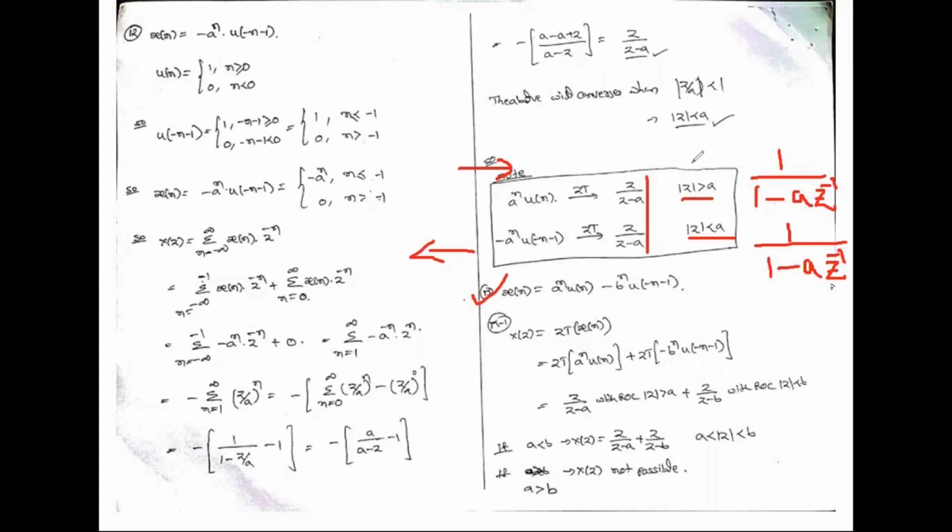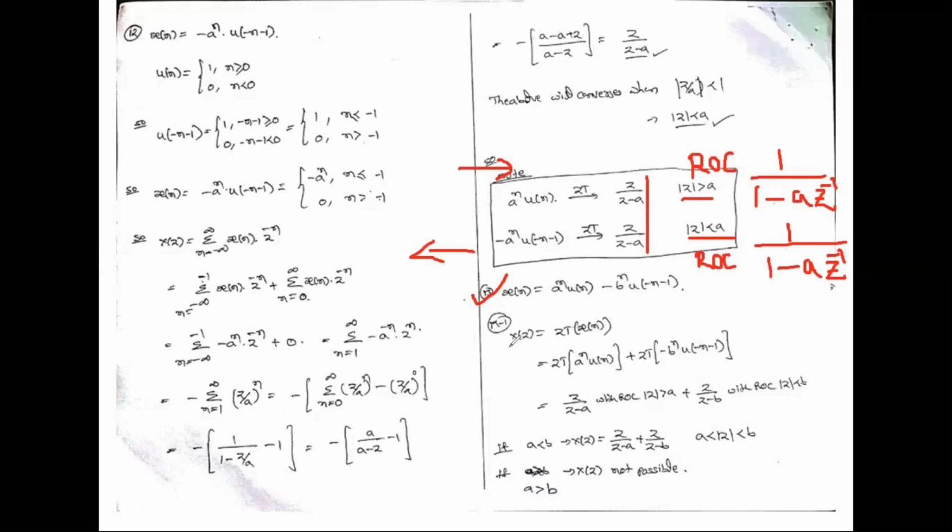What is the ROC? The ROC for a^n u[n] is |z| greater than a, and for minus b^n u[-n-1], the ROC is |z| less than b. When combining the two, what is the ROC and what is the Z transformation?